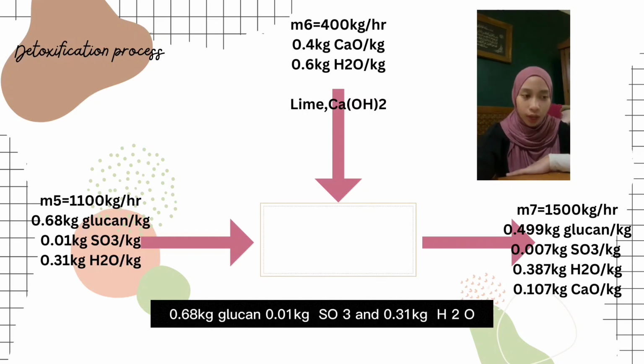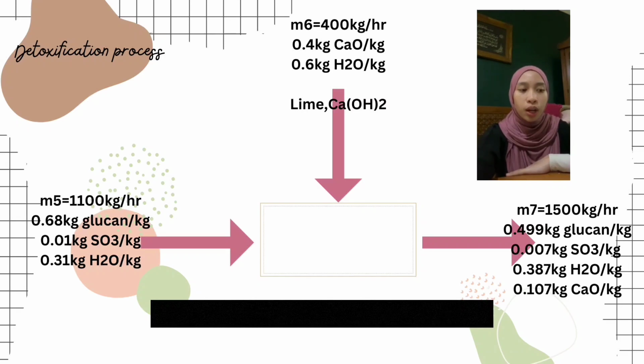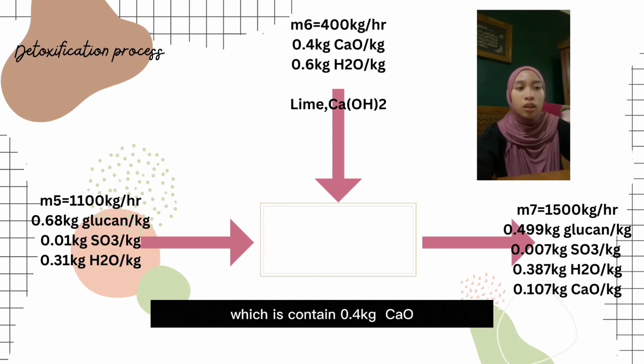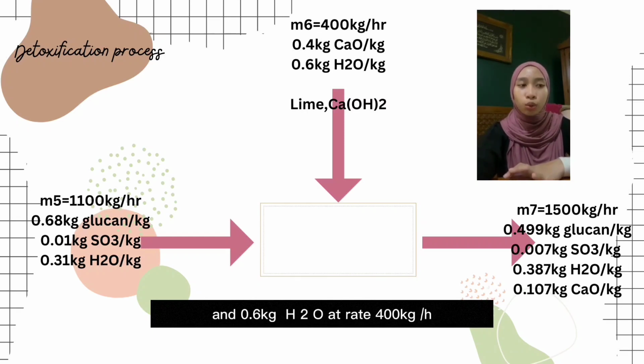The input of this process is 0.68 kg glucan, 0.01 kg SO3 and 0.31 kg H2O at a rate of 1100 kg per hour, and then lime Ca(OH)2 is added, which contains 0.4 kg CaO and 0.6 kg H2O at a rate of 400 kg per hour.